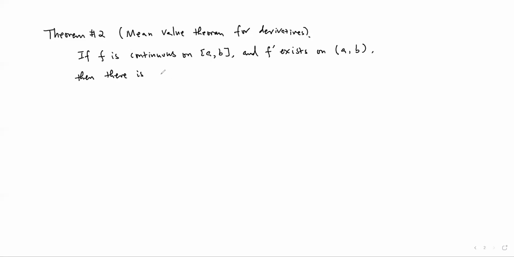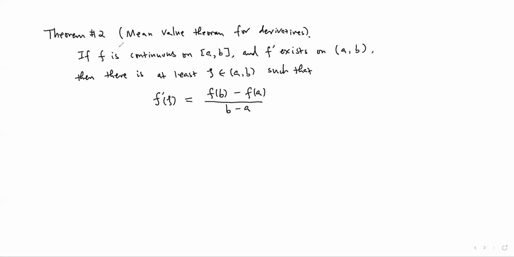There is at least one point psi in the open interval between A and B, such that the derivative at psi, the derivative being the slope of a tangent line, equals f of b minus f of a over b minus a.